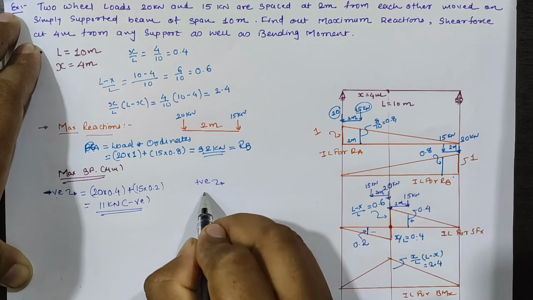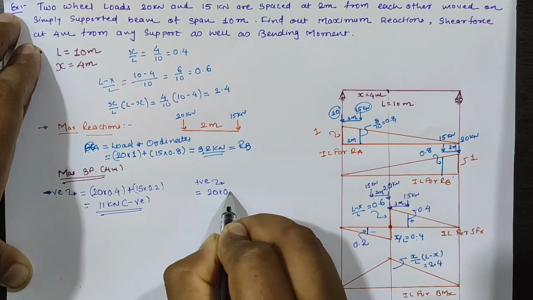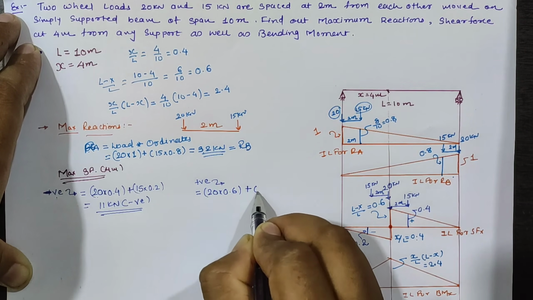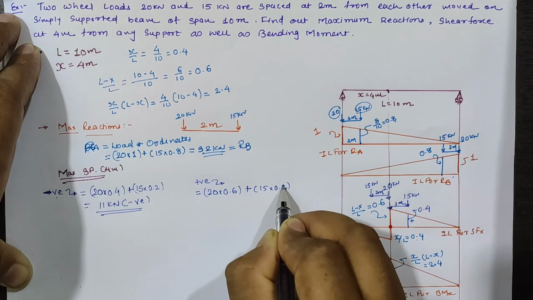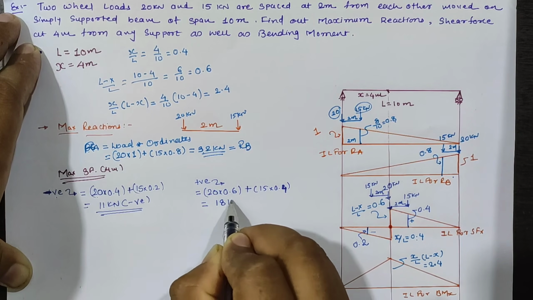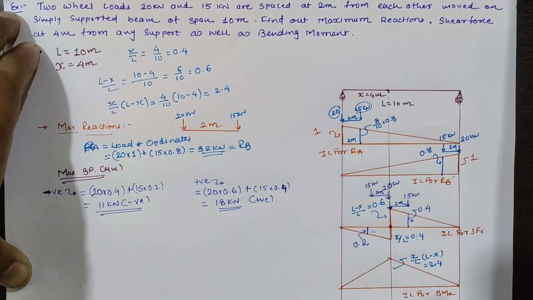Hence the maximum positive value is 20 into 0.6 plus 15 into 0.4, which is equal to 18 kilonewton, which is the maximum positive shear force.